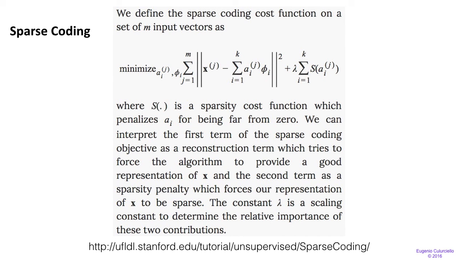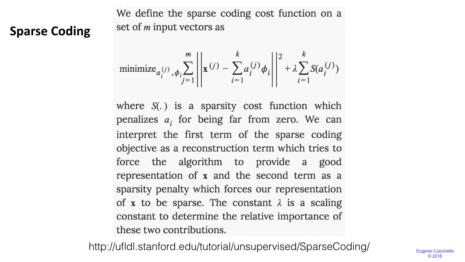So this is like an error between the input and the representation. And the second term instead states that we want sparsity, and we want this A to be as little as possible. So we're trying to force them to be as close as possible to zero, right?